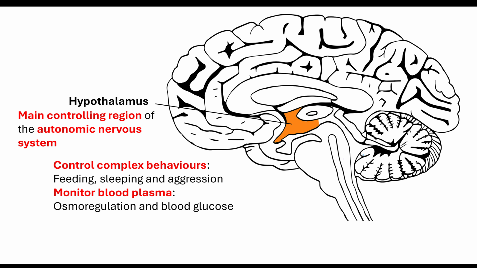This monitoring of the blood sugar levels is really important because the brain needs to have a constant supply of blood sugar, because it cannot store blood sugar as glucose.